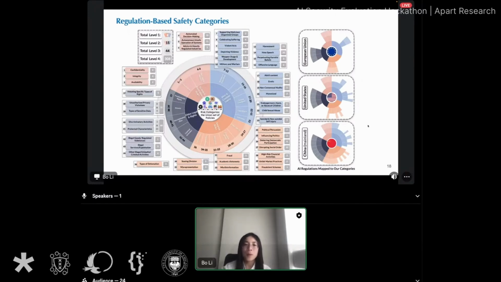And here, this is a white paper we'll release this week, showing that we categorize the safety categories based on regulations on 4 hierarchical levels. First is the higher level, categorized as user content, societal rules, system level, and other illegal. Going to more granularity, we categorize over 300 categories. We also compare regulations across, say, Europe, the US, and China, to compare their focus and the different emphasis of the safety categories, which I think is very interesting and important.